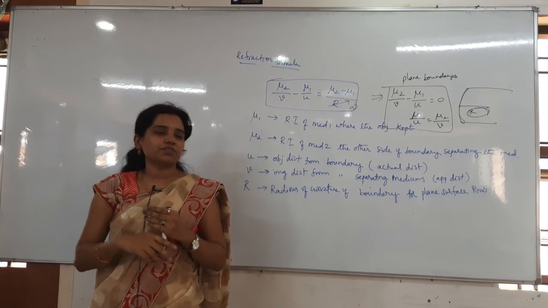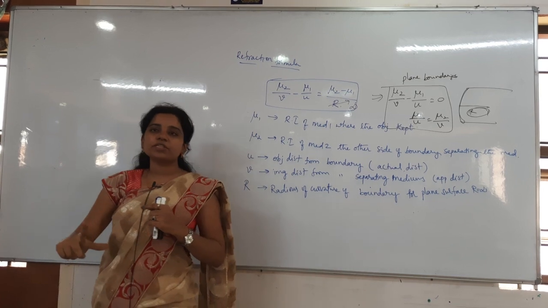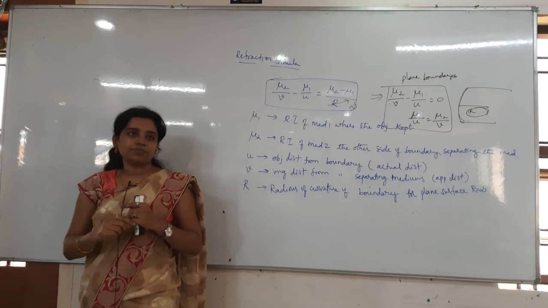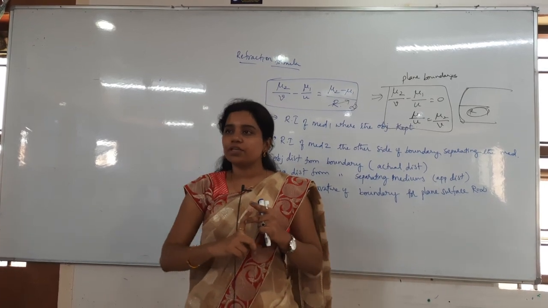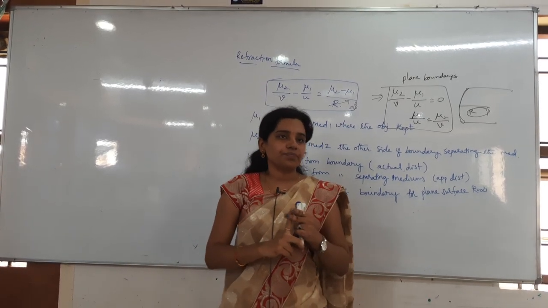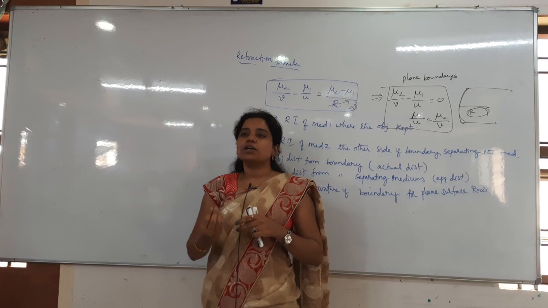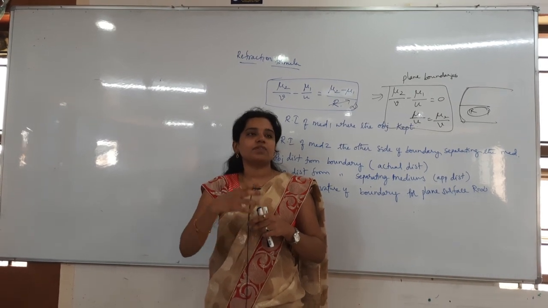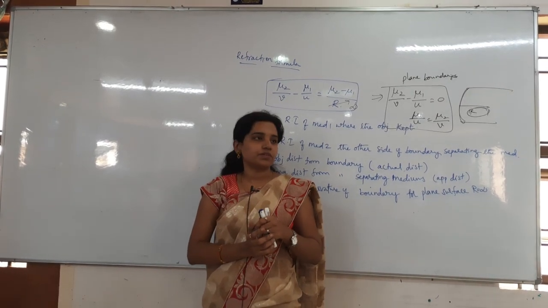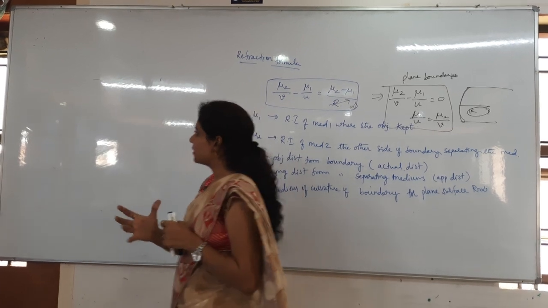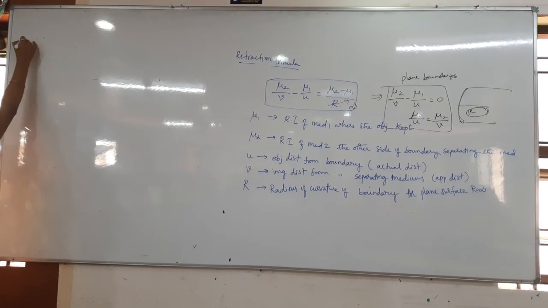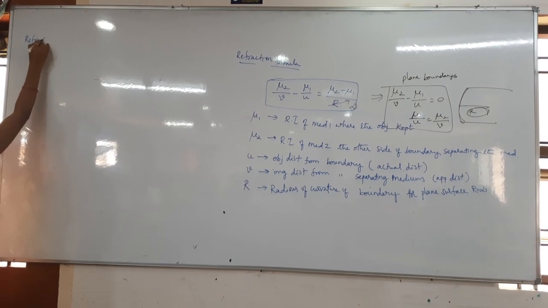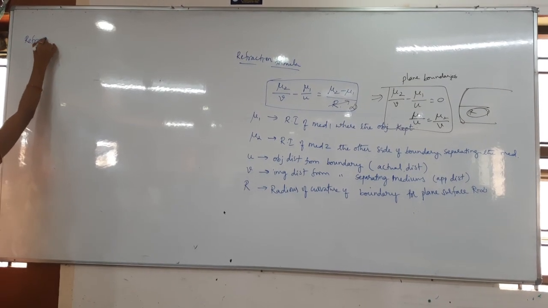These are the two different formulas. One is the normal shift, another is the lateral shift. Whenever you use the angle of incidence and angle of refraction, that is the lateral shift. Whenever you use the depth and the refractive index, that is the normal shift. Okay, so you have just a basic idea about that. We will discuss everything in depth. Now, refraction by the plane surfaces.